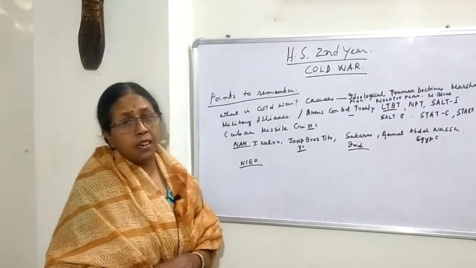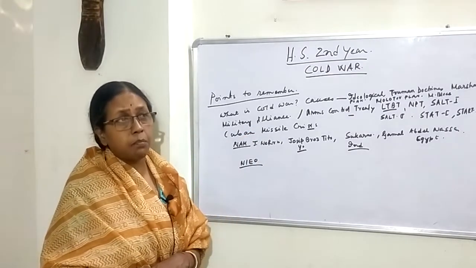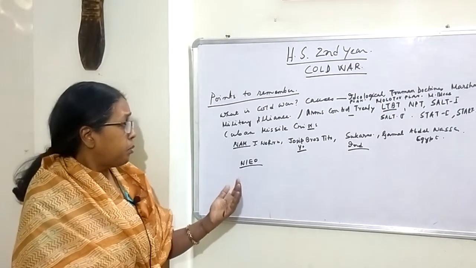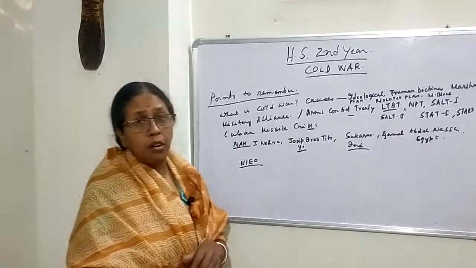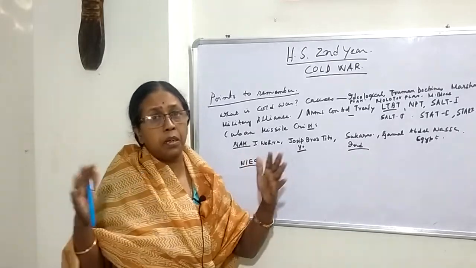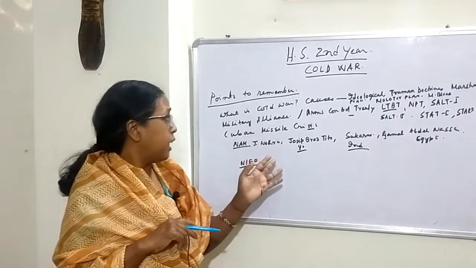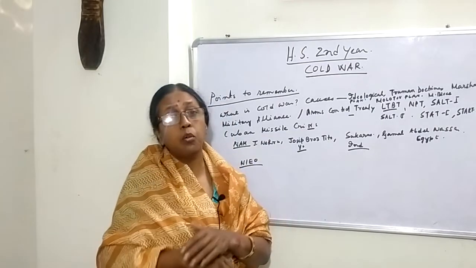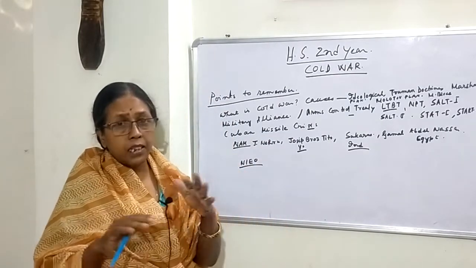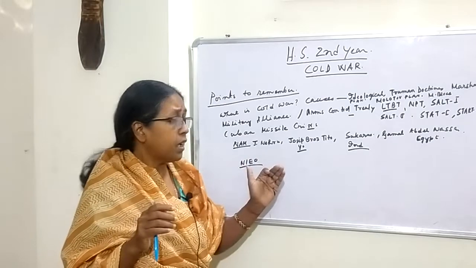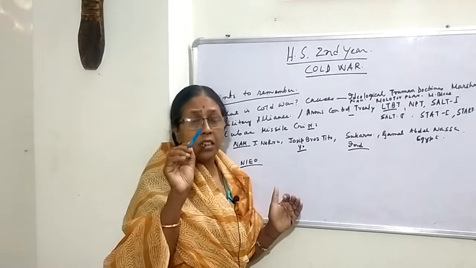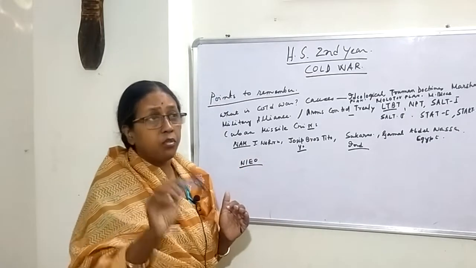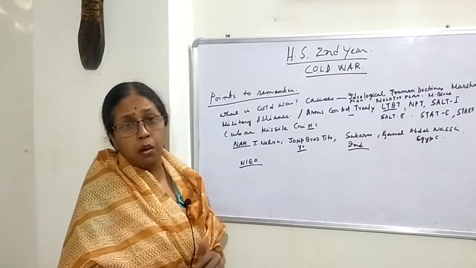But Fidel Castro was a communist, and when he became the leader of Cuba, Soviet Russia made contact with Cuba, and at one time Soviet Russia established its military hold in Cuba. When this situation arose, America started threatening the USSR to remove itself from Cuba.